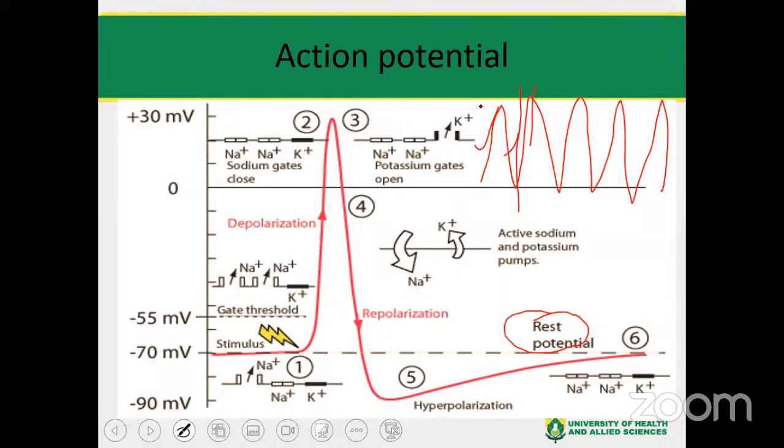Then number 2, we said the activity of the sodium potassium ATPase. It carries 3 sodium out of the cell and 2 potassium into the cell. And that also contributes to the resting membrane potential.